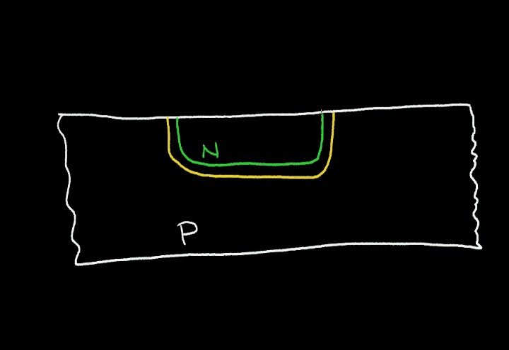Now it'll extend a little bit into the n region, but far less. I'll draw part of it here, depleting a little bit into the n region. So this region here is the depletion region between this p-n junction.